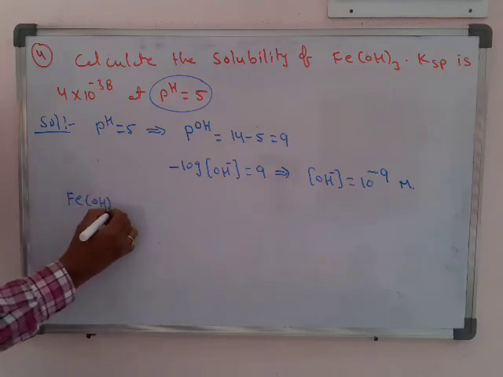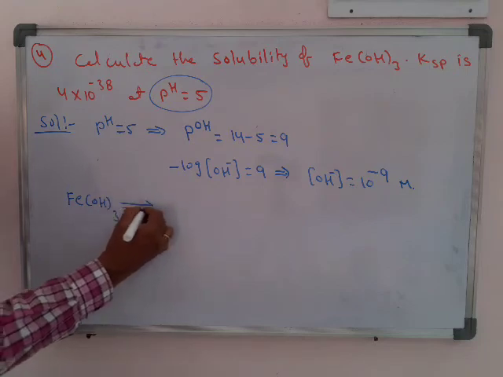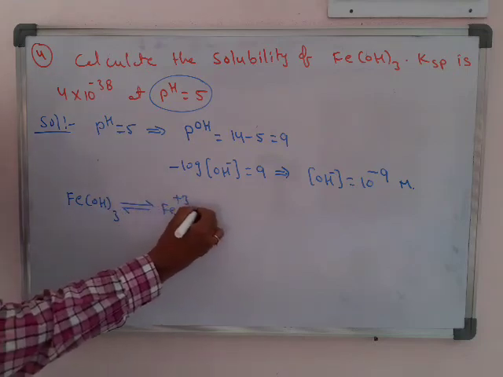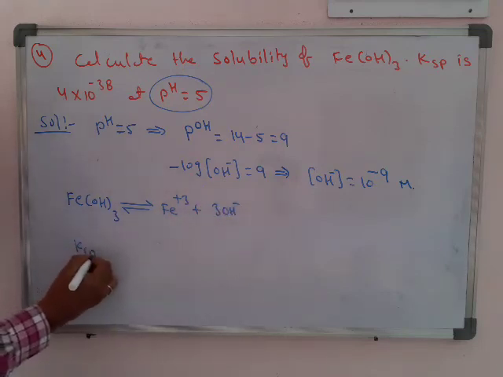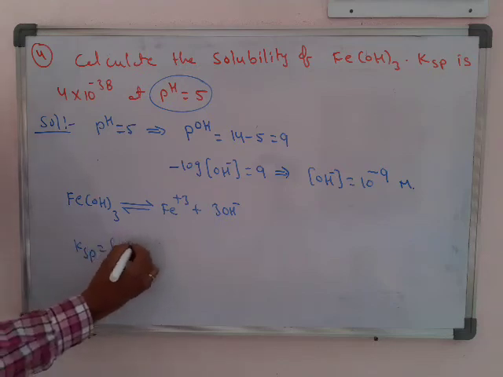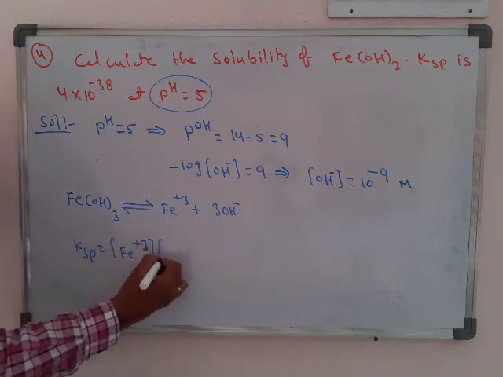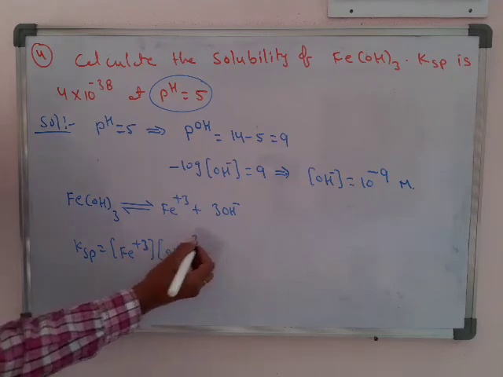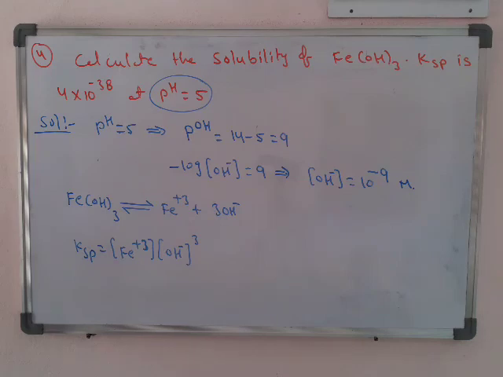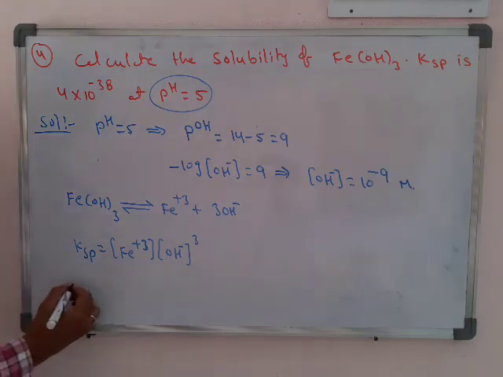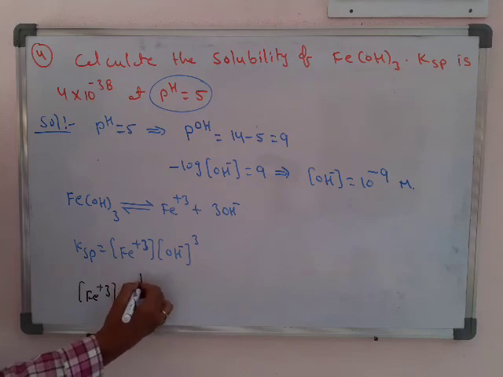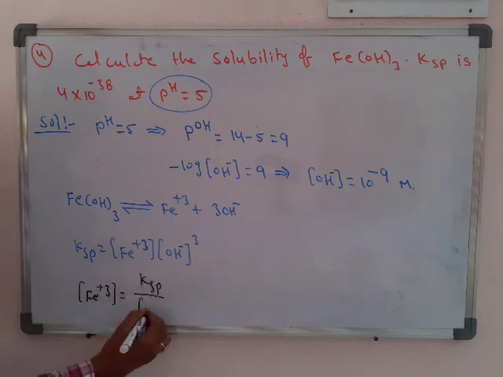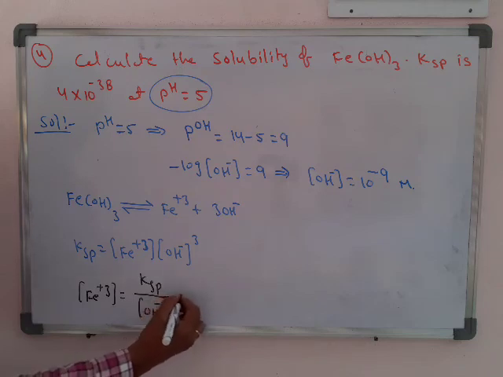So ferric hydroxide Ksp is also given. Ferric hydroxide becomes Fe plus 3 and 3 OH minus. Then what is the Ksp? Ksp equal to Fe plus 3 concentration times OH minus cubed. Then we have to find Fe plus 3 concentration, which is the solubility. This is Ksp by OH minus concentration cubed.